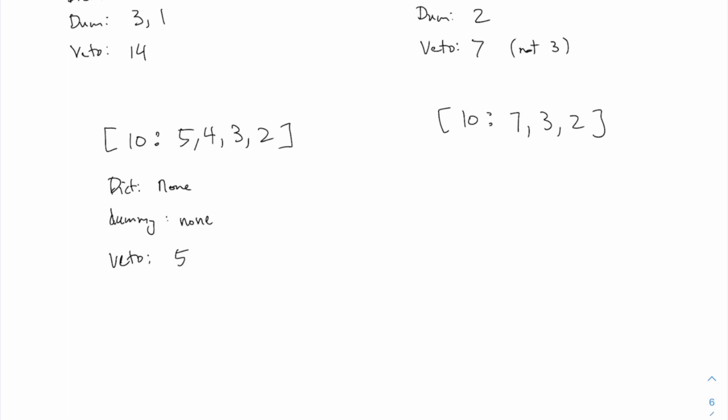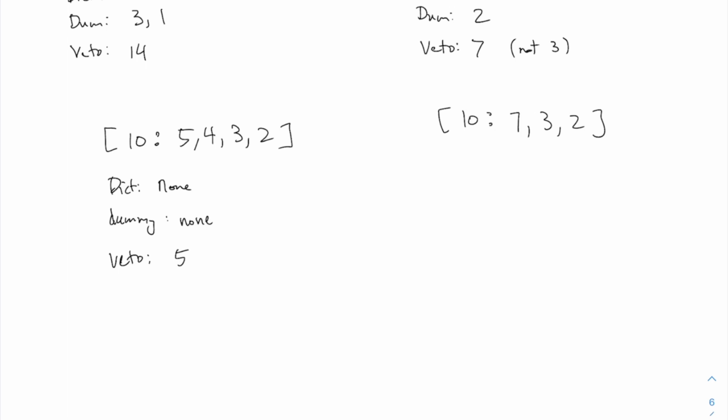I think I agree about the 5. I don't think I agree about the 4. You need the 5 in order to make it to 10 because if you took the other ones all by themselves, it would only add up to 9. So the 5 is necessary, but I don't think you need the 4 because you can do 5 plus 3 plus 2 and still make it to 10. So I'm going to say the 5 has veto power, not the 4, 3 or the 2.